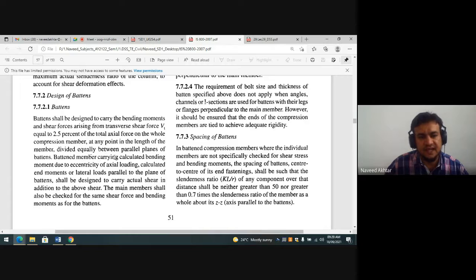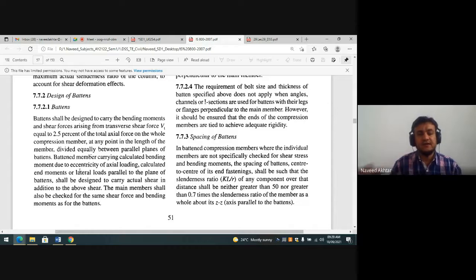Battens and members carrying calculated bending moment due to eccentricity of axial loading, calculated end moments or lateral loads parallel to the plane of batten shall be designed to carry axial shear in addition to above shear. The main members shall also be checked for the same shear force and bending moment as for the battens.